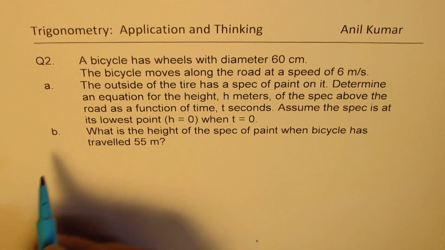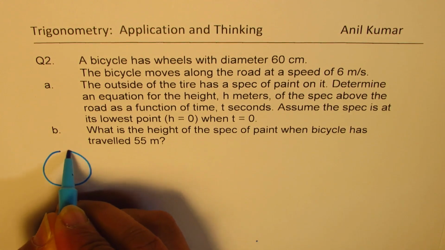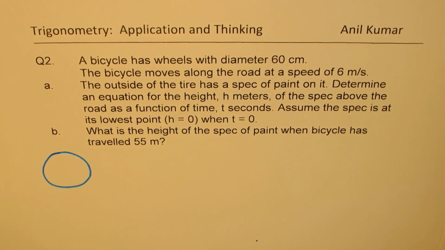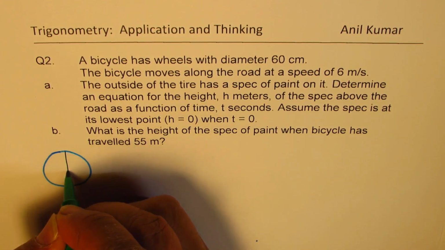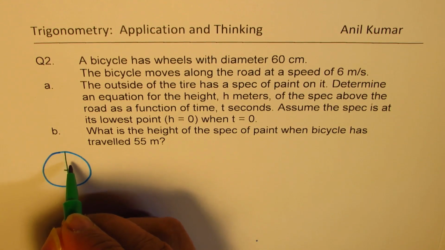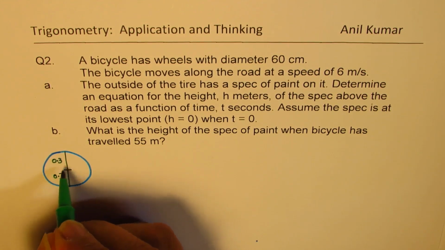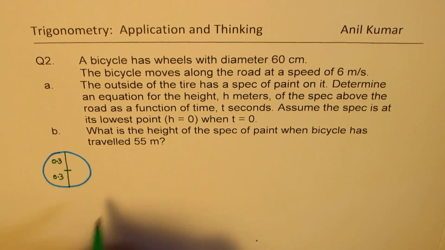So let's try to sketch the scenario. Let's say that's the wheel we are talking about. We are given that the diameter of the wheel is 60 centimeters, right? So that is the center of the wheel. So 60 centimeter diameter means that the amplitude is 0.3 and 0.3, right? So that is the radius, correct?